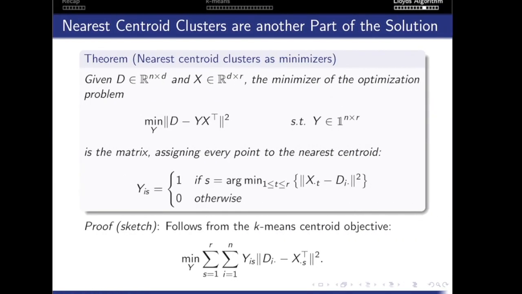Nice. So how does it go the other way around? Now if we fix the centroids, so given our data matrix and the centroid matrix, then the minimizer of the optimization problem to minimize the residual sum of squares, subject to Y being in the set of all cluster indicator matrices, is the matrix which assigns every point to its nearest centroid.